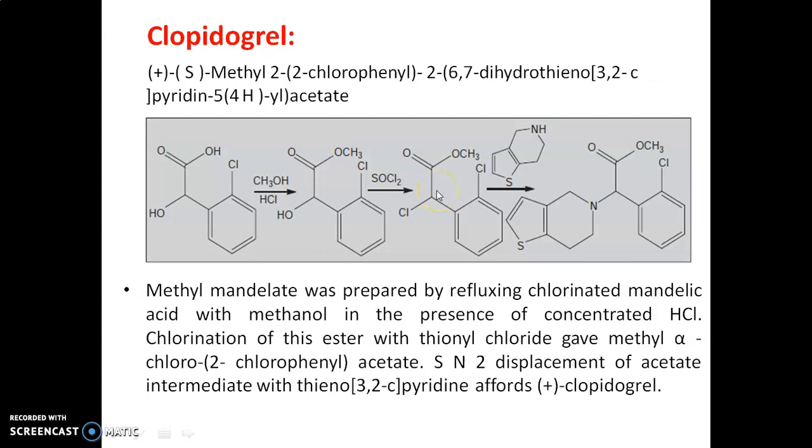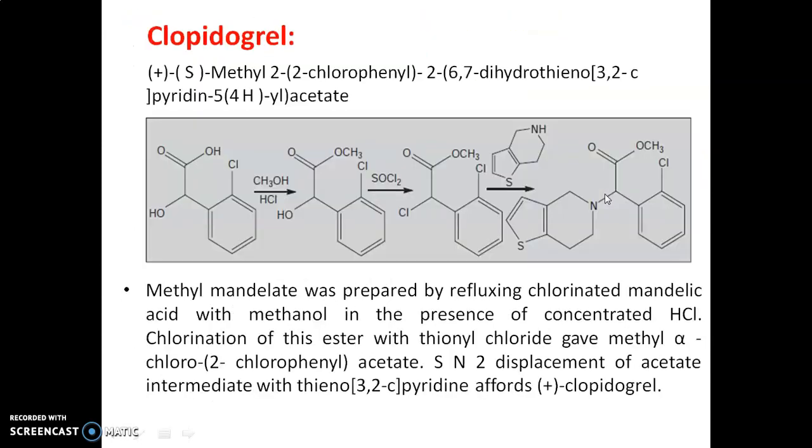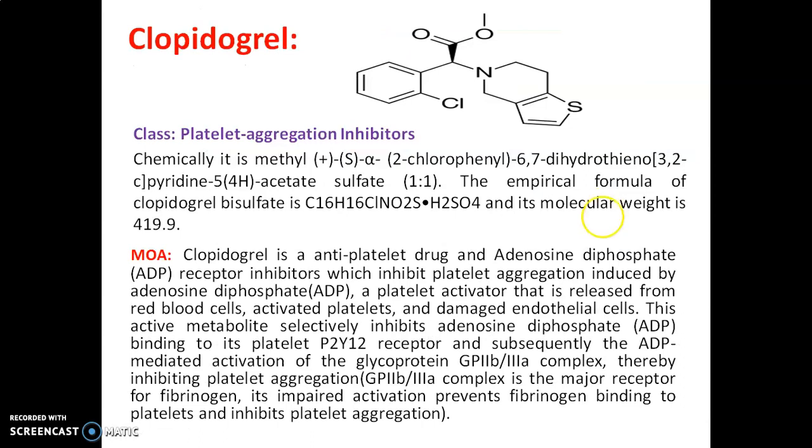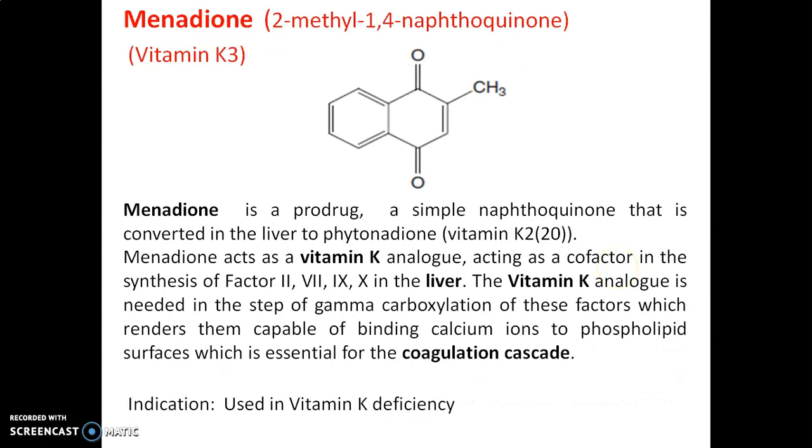SN2 displacement of the acetate intermediate with the thienopyridine happens to form clopidogrel. So here we are seeing the mechanism of clopidogrel, how it inhibits the ADP receptor and acts as an antiplatelet drug.